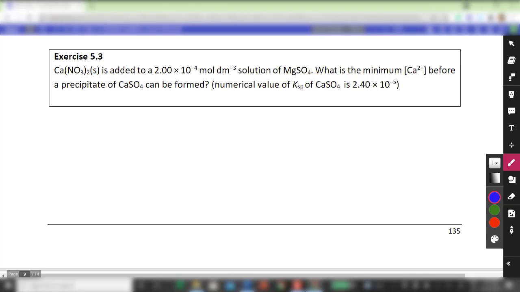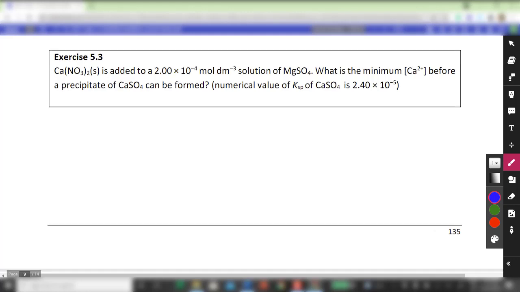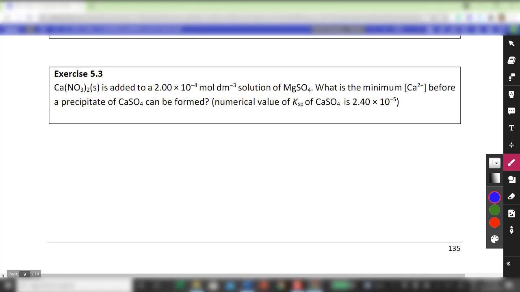So this question is positioned in a slightly different way, because now we are given the Ksp, right? So in that case, if you notice, there is actually an infinite combination of Ca2+ and sulfate which can be equated to the Ksp.